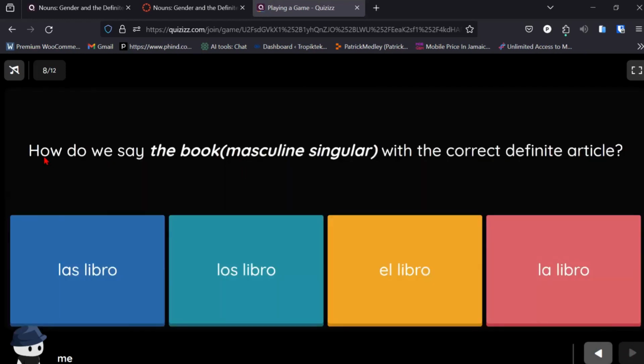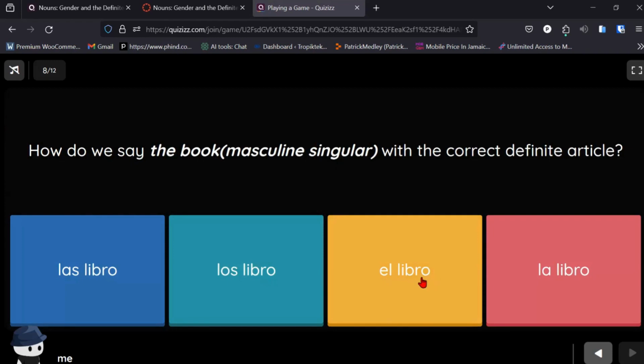Okay, so usually I would give this to my students, but because I'm recording this, I'll just answer it. So it says, how do we say the book? So in brackets, we have masculine and singular with the correct definite article. So it couldn't be los libros because here we have the book, but this is the ending of plural masculine, right? And so we have to go with el libro. It is masculine and it is singular, right?